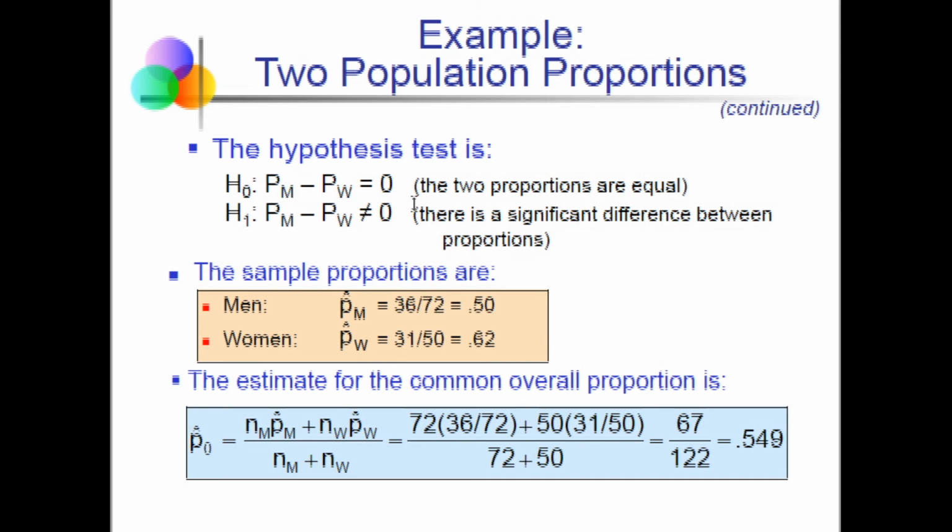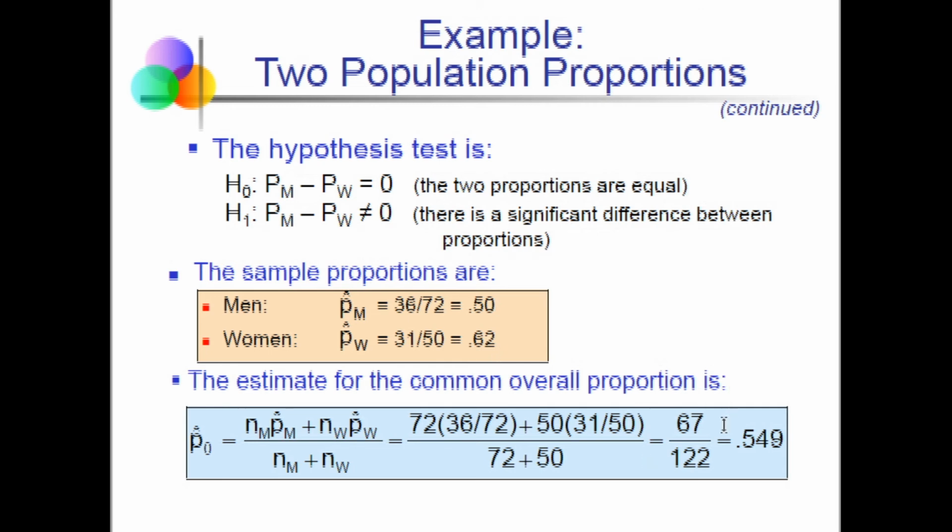So we get the sample proportions from the data that is given, then we estimate the overall proportion, which is just 0.549.